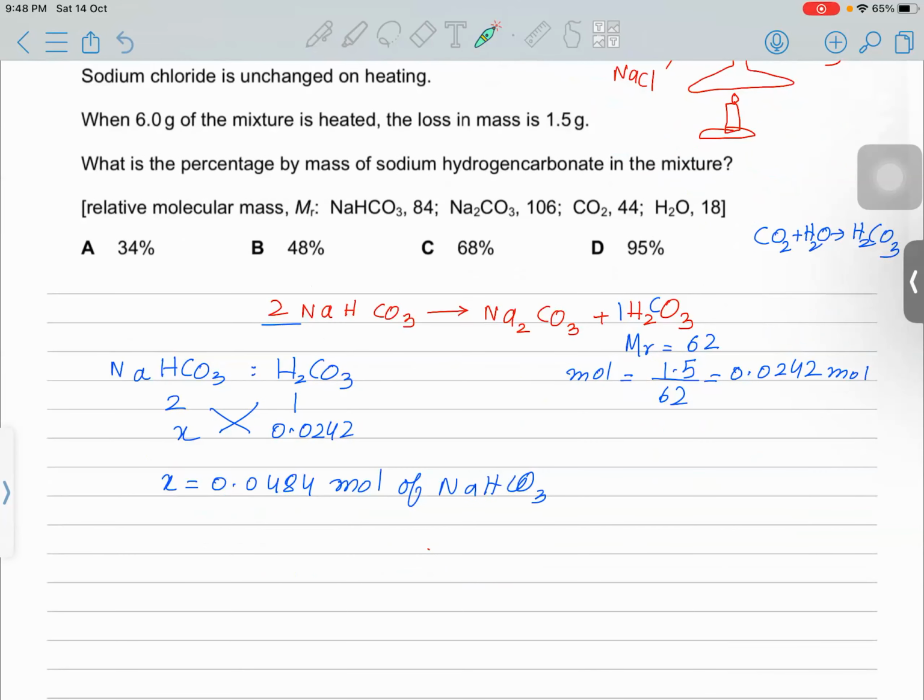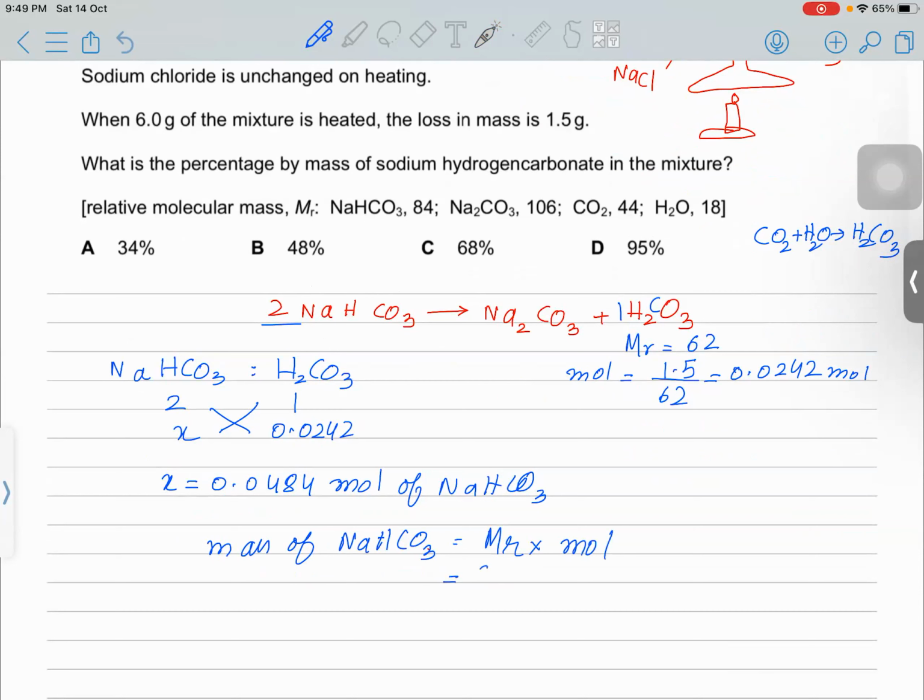So X is equal to 0.0484, right? Now next step is to find the mass of NaHCO3. Mass is equal to Mr times mole.